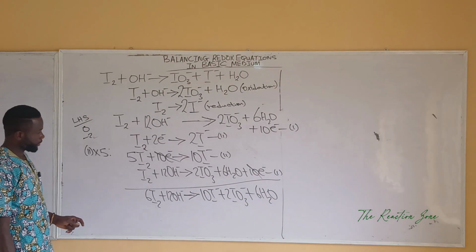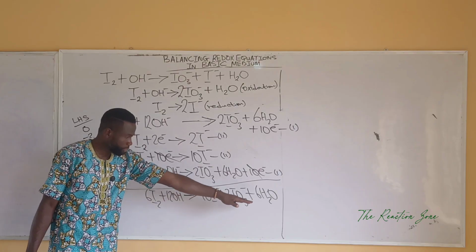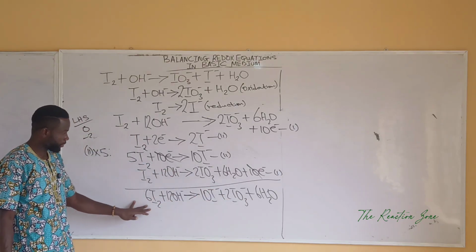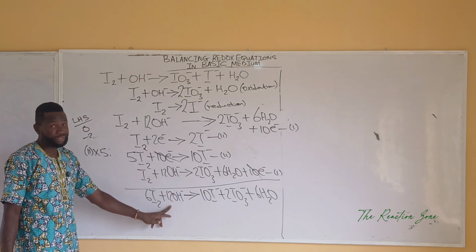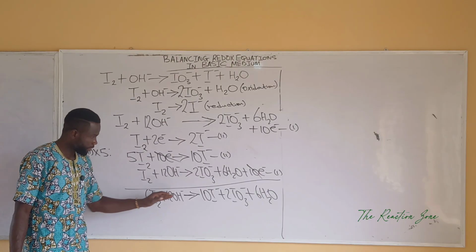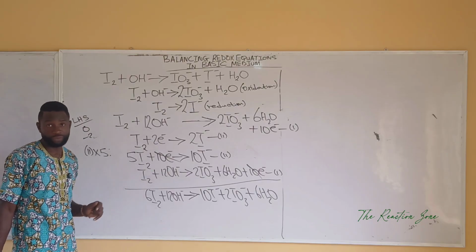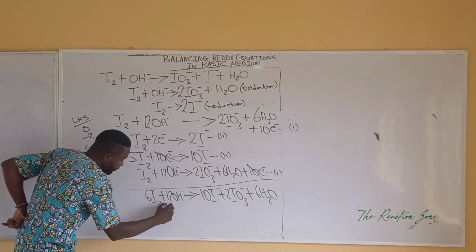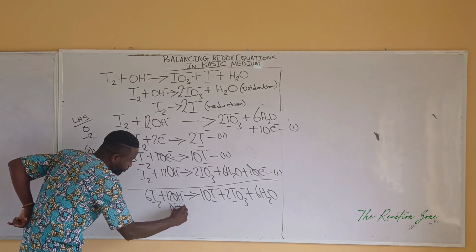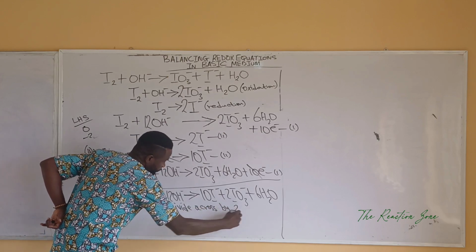Now if you look at the 5 chemical species in this final answer, if you look at their molar coefficients, you discover that 2 is common. So you can divide across by 2 to get my final answer.